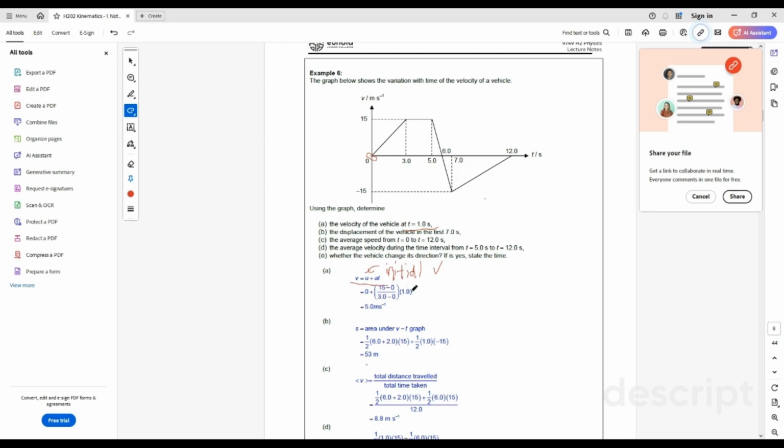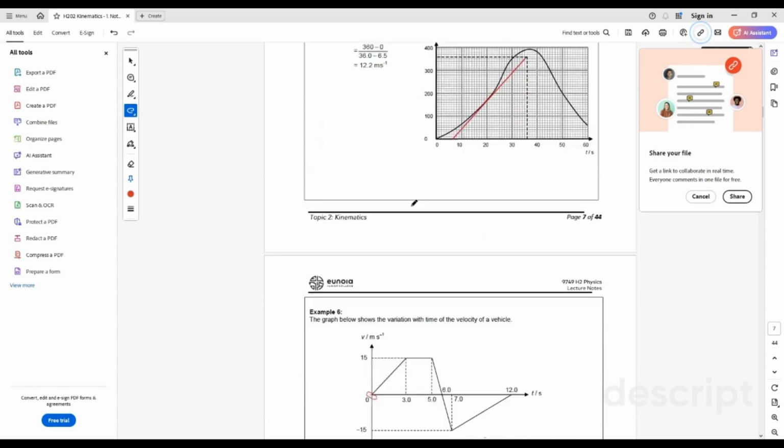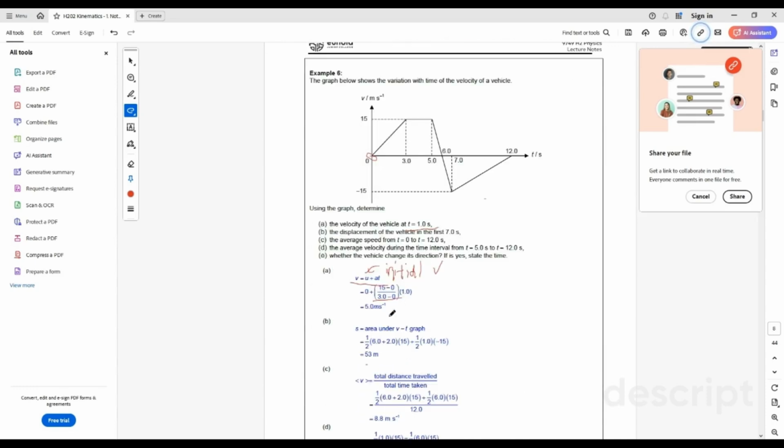Now, how we calculate the acceleration in a velocity-time graph is that we find the gradient of this straight line graph. And using the formula from before, we can then find the acceleration. And we also know the time, so we just substitute in order to get our result of 5.0 meters per second.